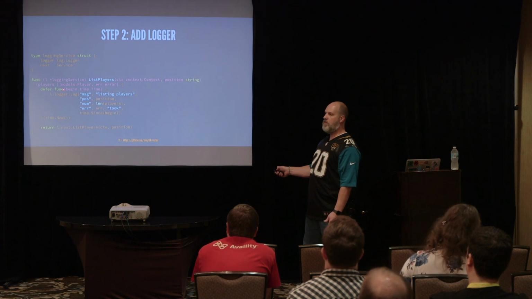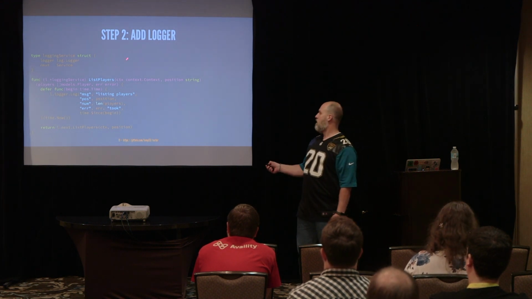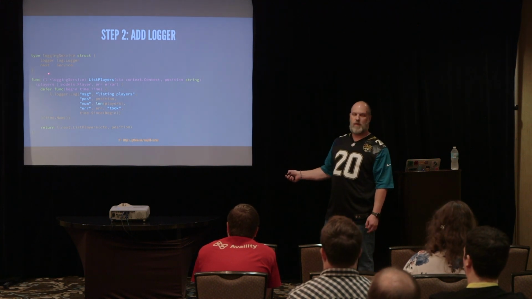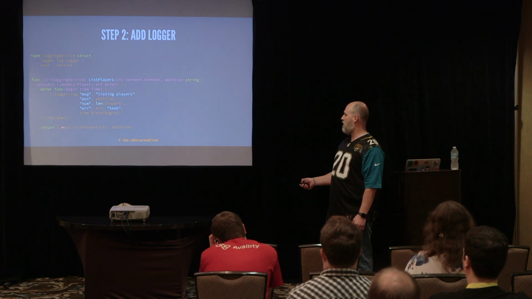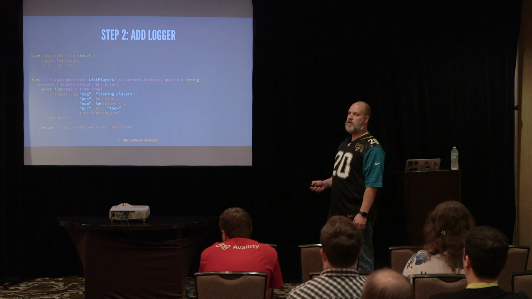Anytime we defer something, that means this function will run when it falls out of scope. So all we're doing, this is kind of like an IIFE in JavaScript, where this function will start, it will do all the work here on the next layer, and then it's going to log things like the time that was taken.